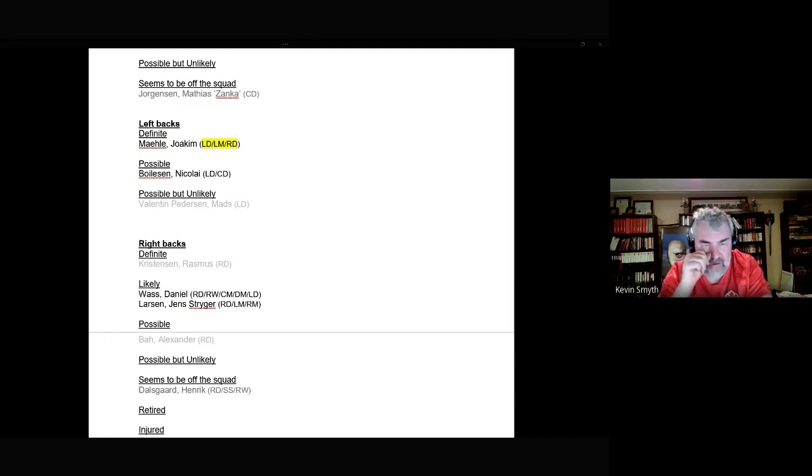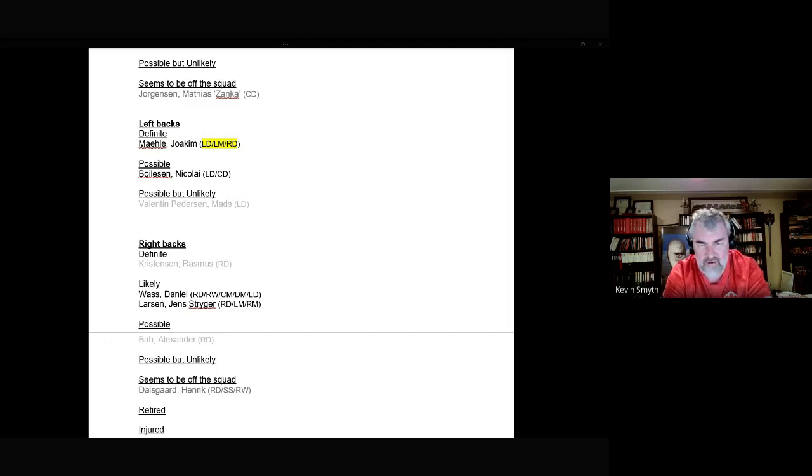So it was Daniel Wass in the first 3 games of the Euro Cup. But as we saw, Jens Stryger Larsson took the position for the last 3 games of Euro 2020. Daniel Wass, though, held the position in most of the World Cup qualifying games. But when he wasn't there, it seemed to be Rasmus Christensen who got the start.